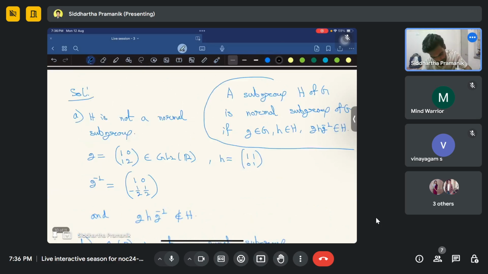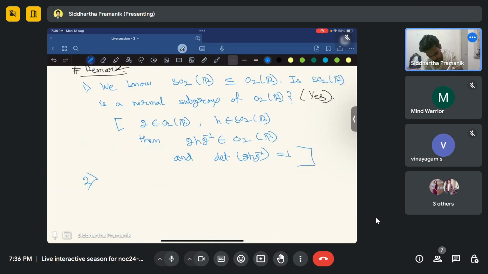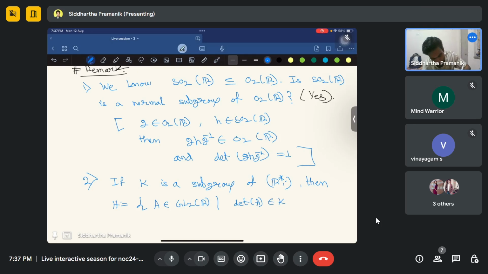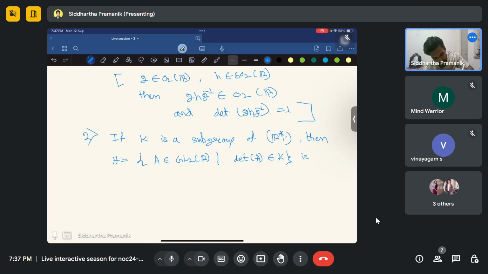So the question is, if K is a subgroup of R star under multiplication, then the set H defined by A belongs to GL2R such that determinant of A is in K, is H a normal subgroup of GL2R?